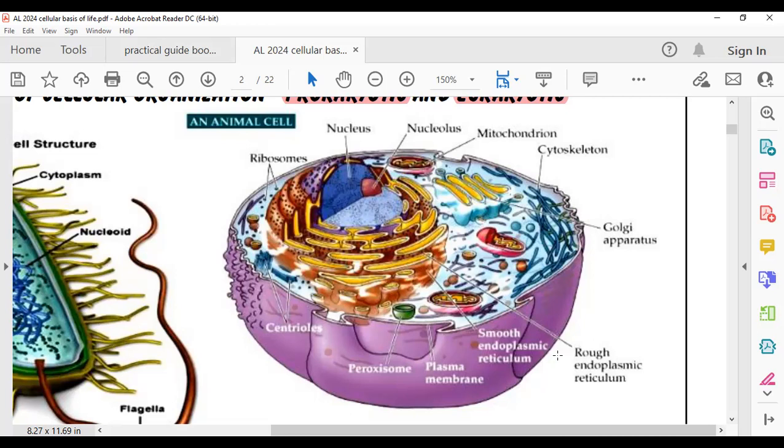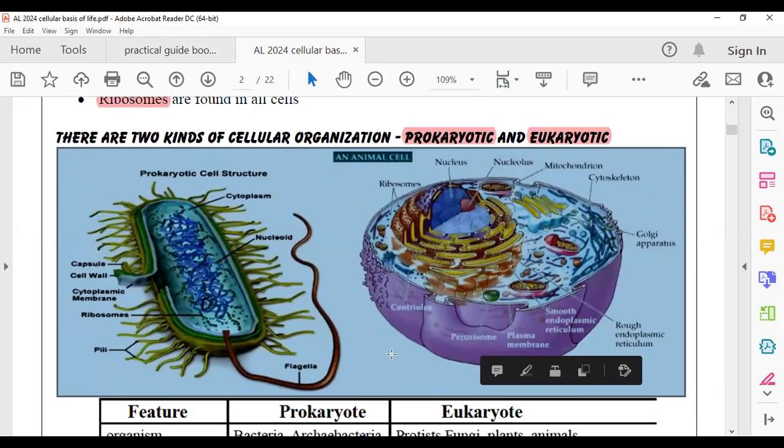So who has more components? Eukaryotic or prokaryotic? Eukaryotic. Who is looking more complex? Eukaryotic. Who is looking large? Eukaryotic, sir. Right? Like this, there are two organizations.